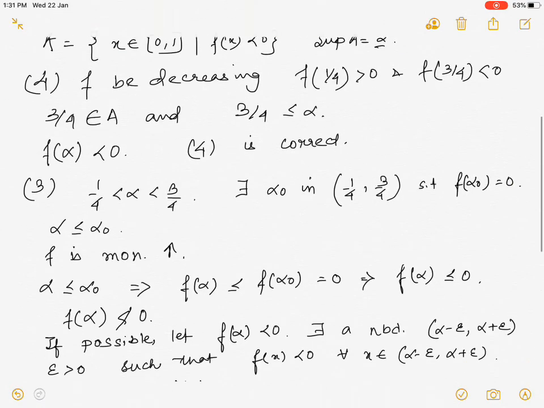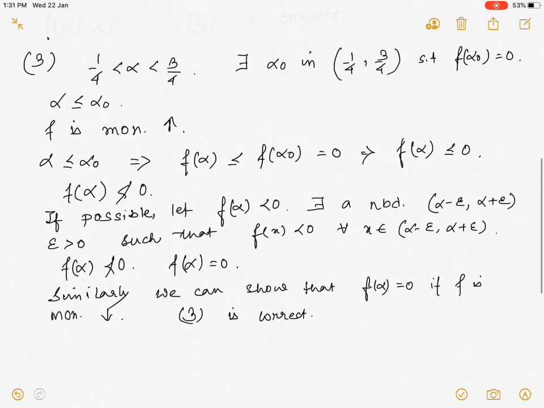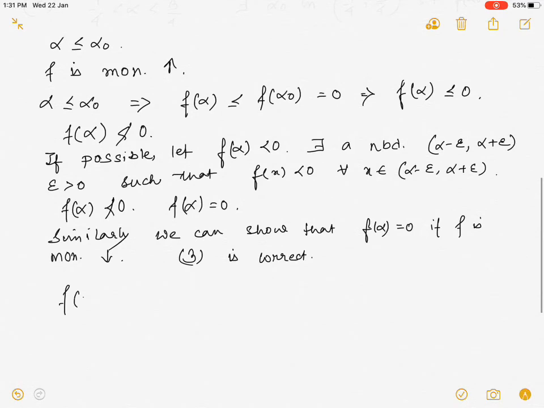For option 2, we are given that if f is increasing, then f(alpha) is less than or equal to 0. Let us consider an example. f(x) is equal to -1 when x belongs to [0, 1/2), and f(x) equals 1 when x belongs to [1/2, 1].